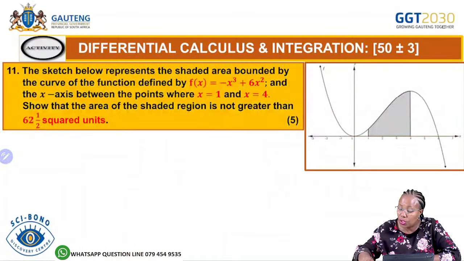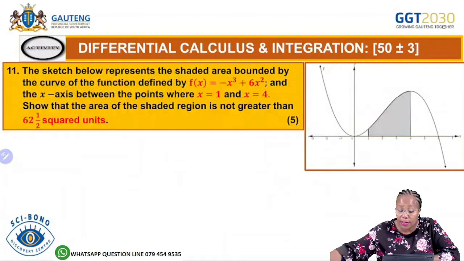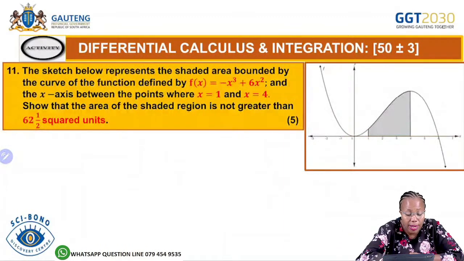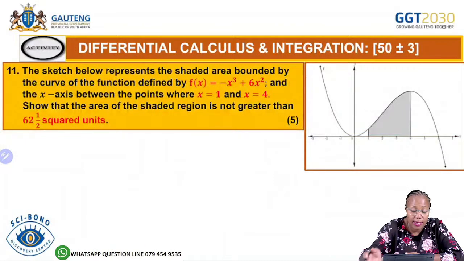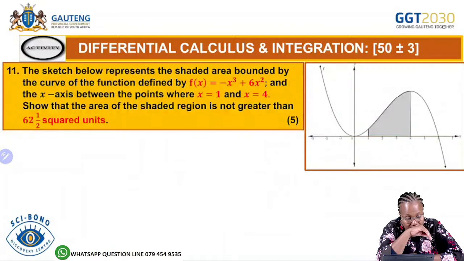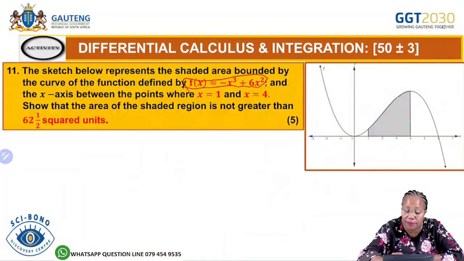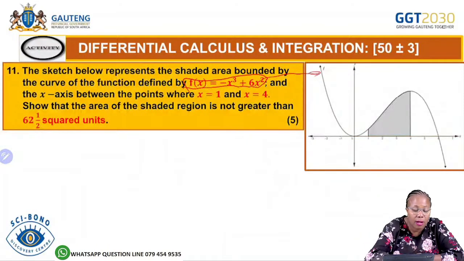So our last question, grade 12, will be the area between the x-axis and the curve. And then in this case, you are given the sketch below representing the shaded area bounded by the curve of the function defined by that. So this graph given to us here is a cubic function, a negative, as you can see the last part is facing downward.